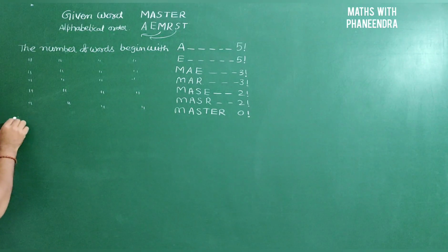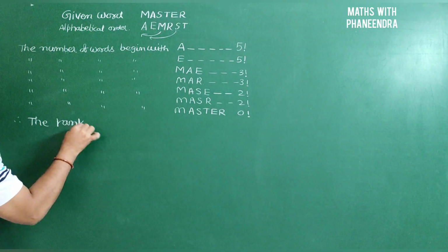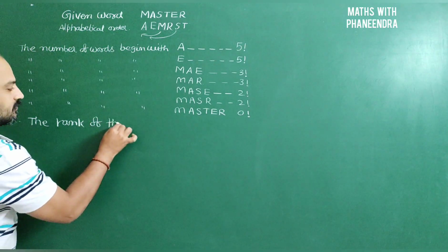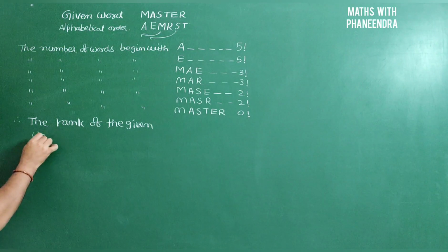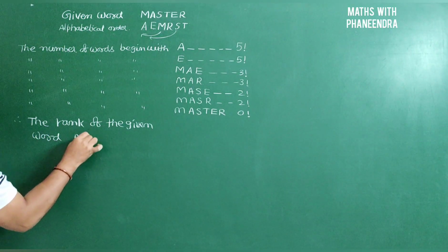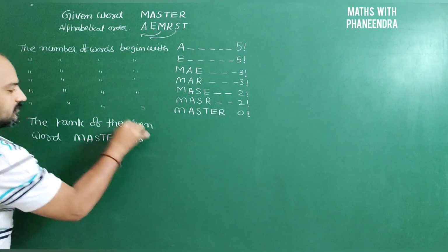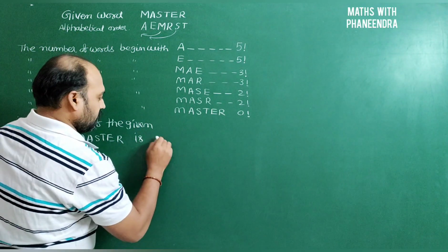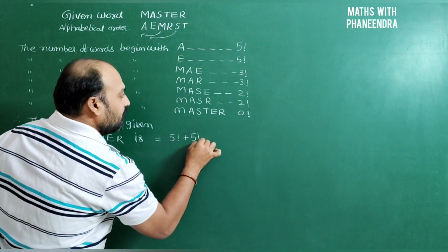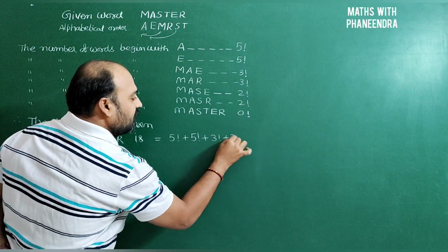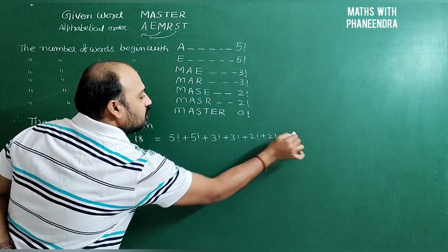So therefore, the rank of the given word master is 5 factorial plus 5 factorial plus 3 factorial plus 3 factorial plus 2 factorial plus 2 factorial plus 0 factorial.